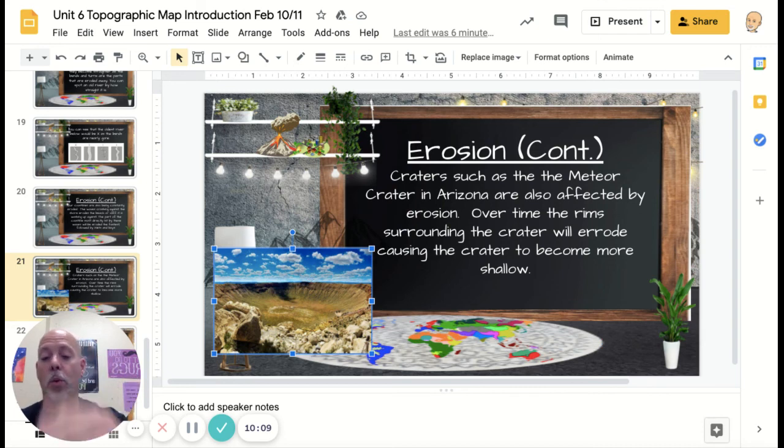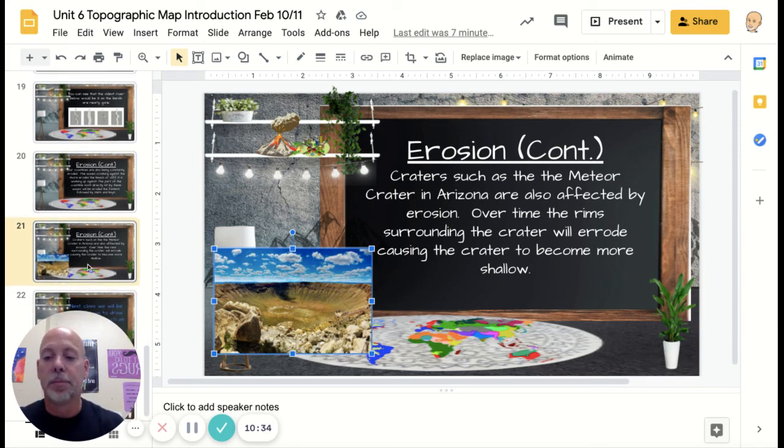They don't allow any tours down inside the crater anymore, but as you can see, you can be up on the rim and take pictures, and they have binoculars up there that you can use to see what they have down at the bottom of the crater. But over time, the rim will get eroded and leveled off more and more, which will make this crater less deep. It'll become more shallow.